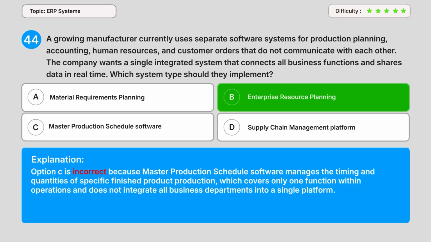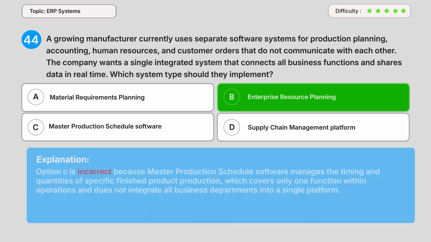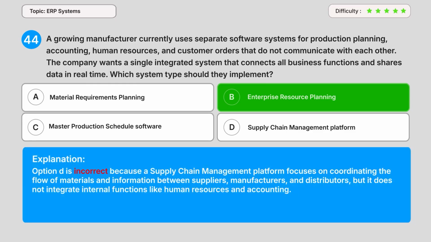Option C is incorrect because master production schedule software manages the timing and quantities of specific finished product production, which covers only one function within operations and does not integrate all business departments into a single platform. Option D is incorrect because a supply chain management platform focuses on coordinating the flow of materials and information between suppliers, manufacturers, and distributors, but it does not integrate internal functions like human resources and accounting.